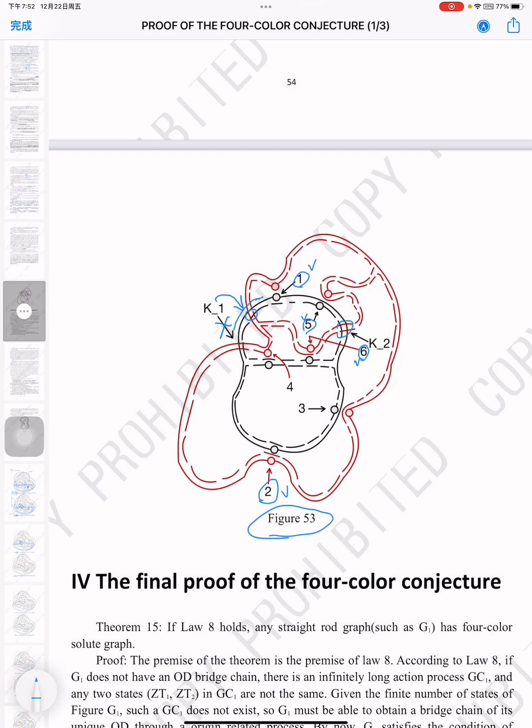So after ring 2 acts, the next state change is caused by ring 5. But ring 5 is broken by ring 2 here. So ring 5 can't act. So the structure K1 can't be established. The same condition happened to this K2.